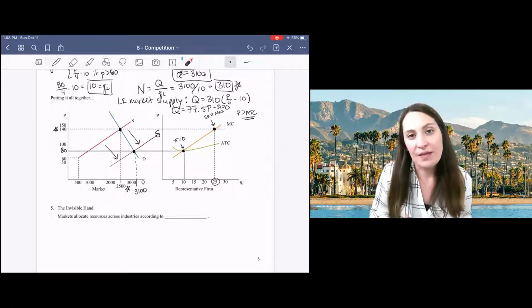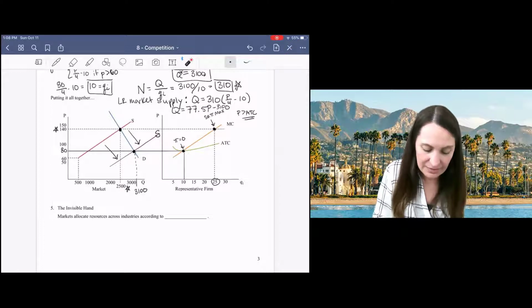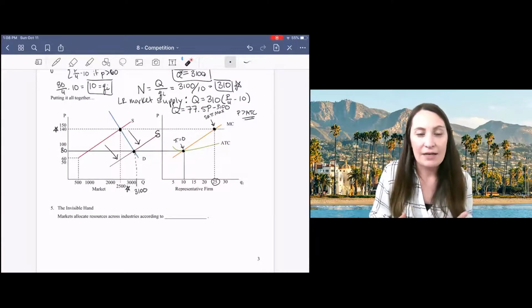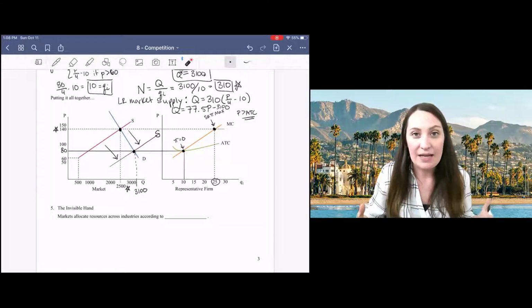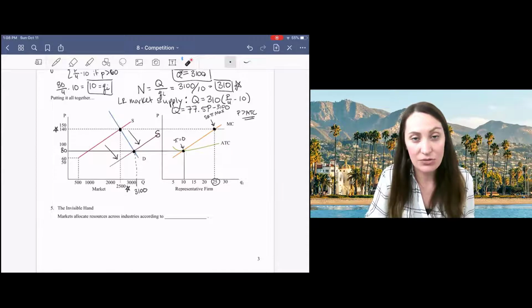This is what Adam Smith referred to as the invisible hand of the market. And it's really important because it means that as a society, our scarce resources go to producing exactly what it is that we would like to consume.